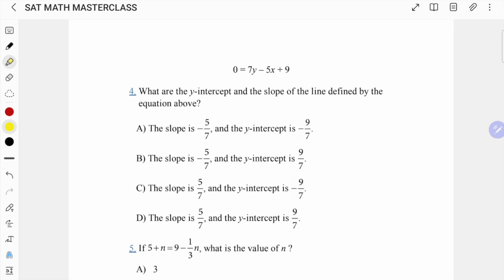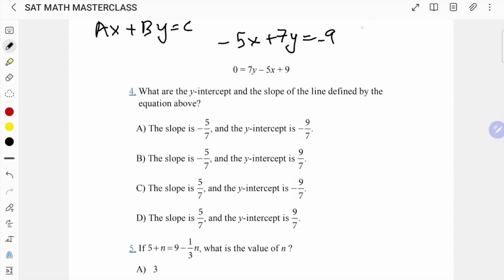Alright, in the fourth question, it asks, what are the y-intercept and the slope of the line defined by the equation above? Let's rewrite this equation in the form ax plus by equals c. So we get minus 5x plus 7y equals minus 9.